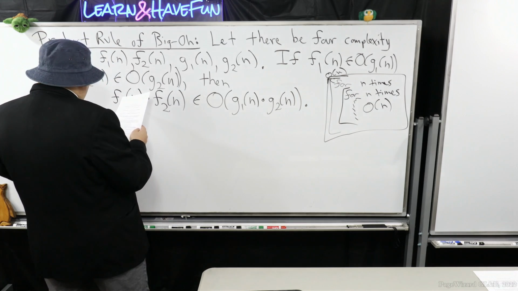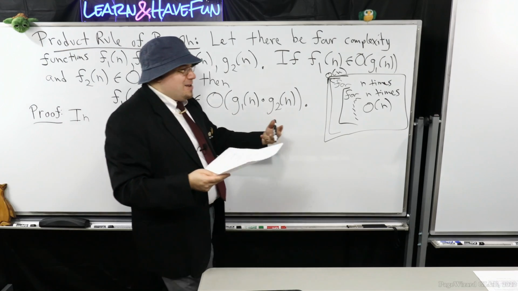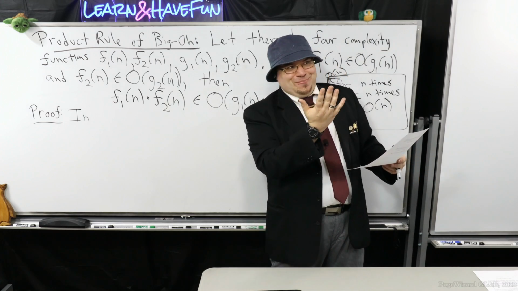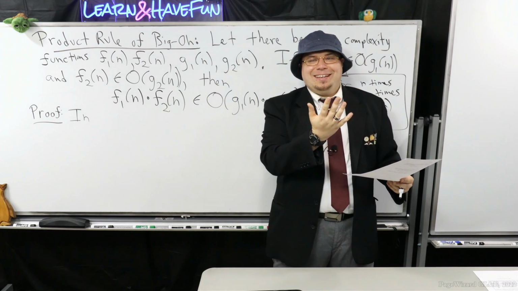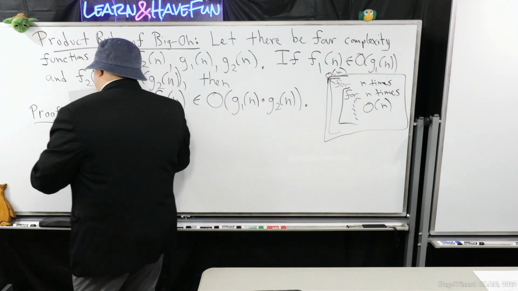So anyways, as per usual, we need to say what we're going to do, right? We need to give a game plan, so that when somebody picks up your proof, they know what's happening.